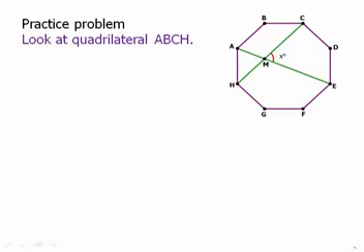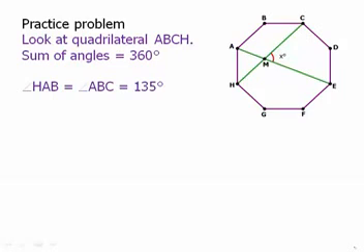Now look at quadrilateral ABCH. We know that the sum of the angles in any quadrilateral is 360. We know that two of the angles, the angle at A and the angle at B, are 135 degrees. Well, if you look at that shape, we realize that is a trapezoid, and because AH equals BC, it's a symmetrical trapezoid.